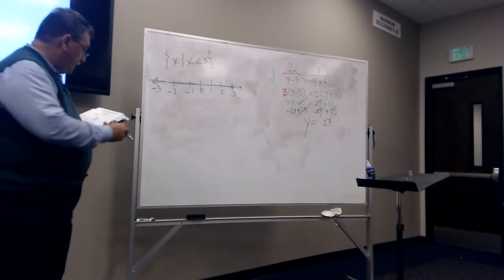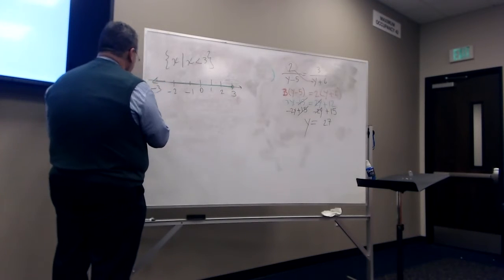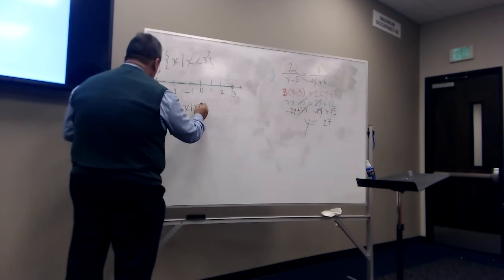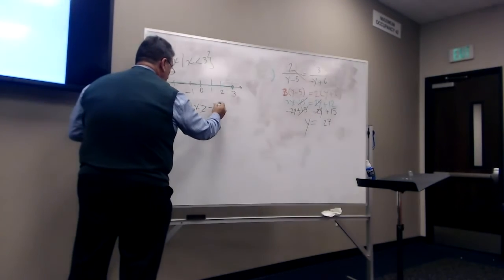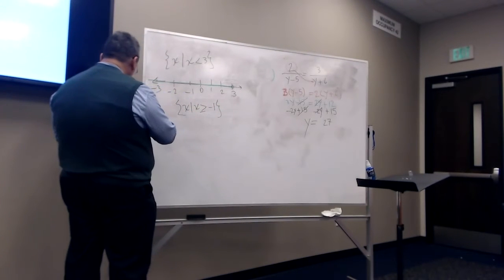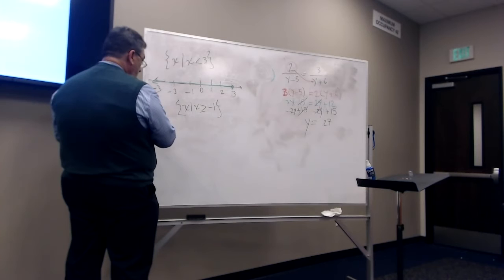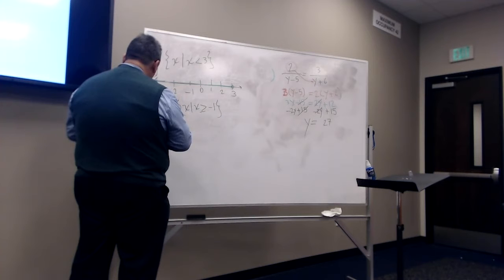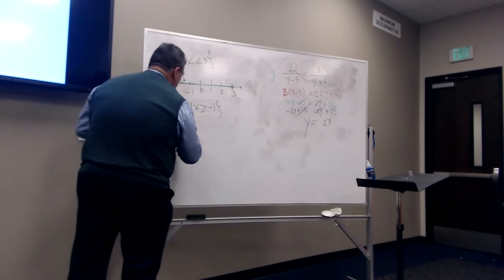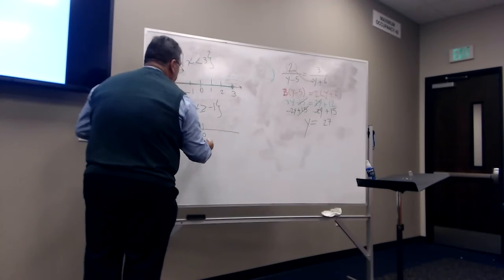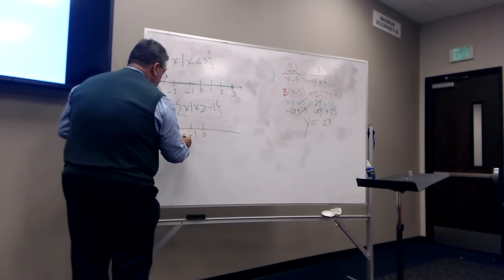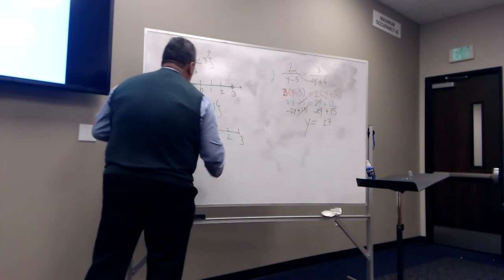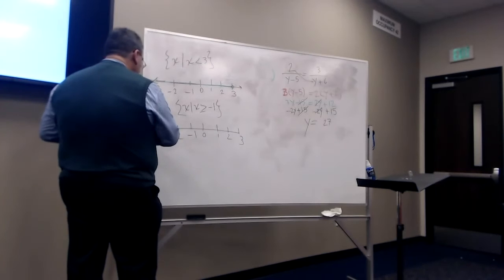If we have x greater than or equal to minus 1, it would be, this is 0, this is minus 1, minus 2, 1, 2, 3, greater than or equal to minus 1.